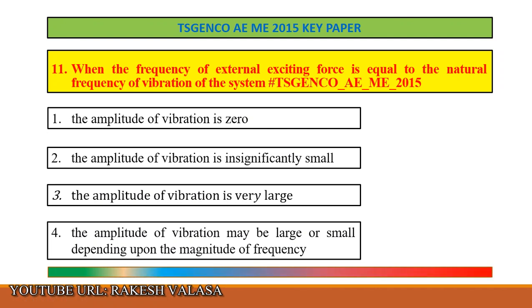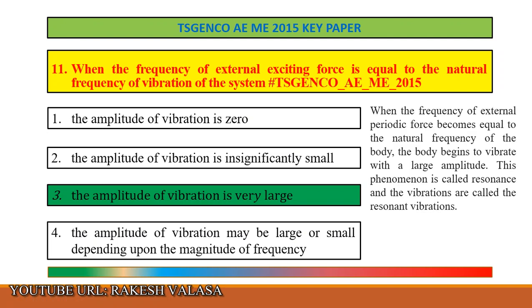The correct answer is option 3, that is, the amplitude of vibration is very large. Here the given question is a direct statement: when the frequency of external periodic force becomes equal to the natural frequency, the body begins to vibrate with a large amplitude.